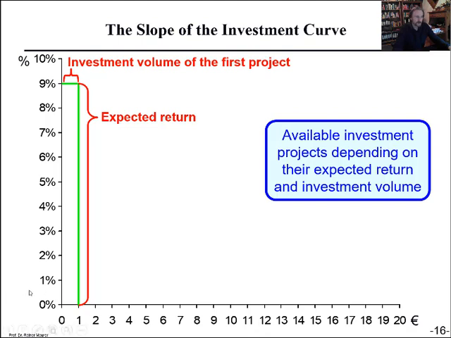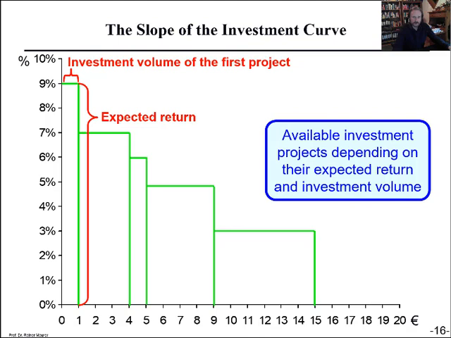A second investment project with the second largest investment return needs somewhat more capital. Hence, this rectangle area is somewhat broader. We rank all investment projects now according to their expected return. So every rectangular area represents one investment project.